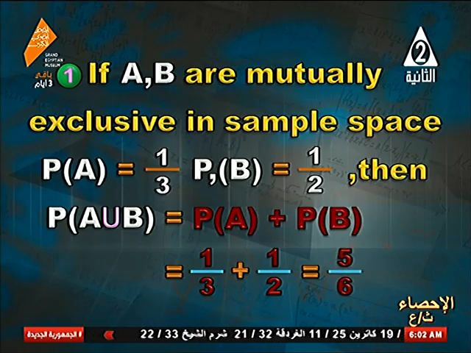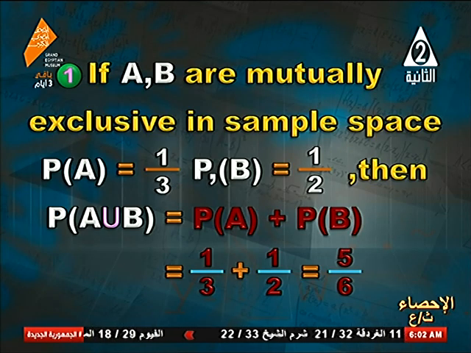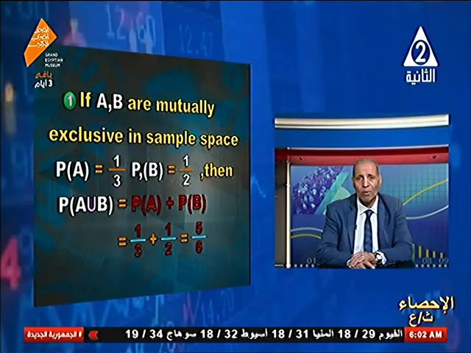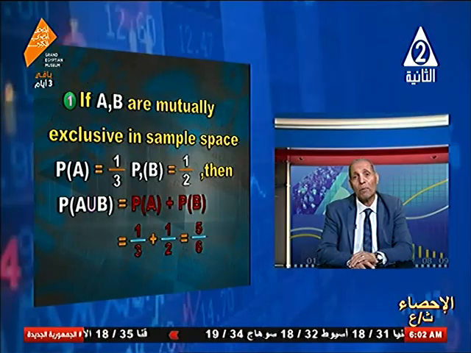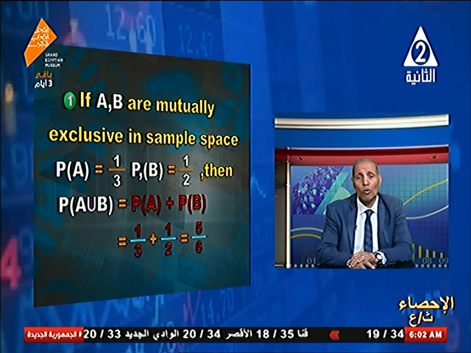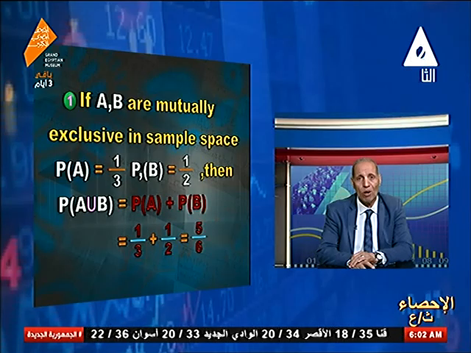Don't forget, my dear student, if A and B are mutually exclusive, what does it mean? A intersect B equals empty set, or probability of A intersect B equals 0, or A and B are disjoint.